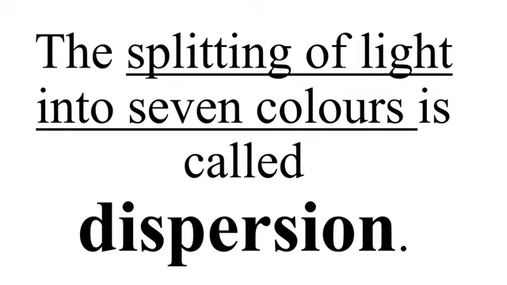The splitting of light into seven colors is called dispersion.